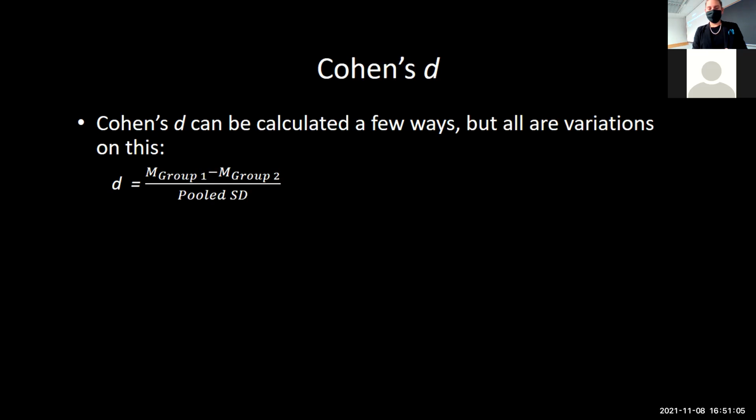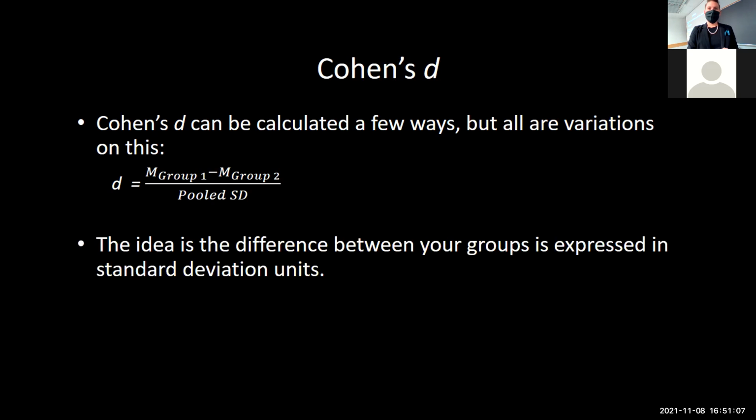And don't worry, I'll explain this a little bit more. The idea behind Cohen's d is that you're expressing the amount of difference that you observe between two groups, and it's expressed in standard deviation units.